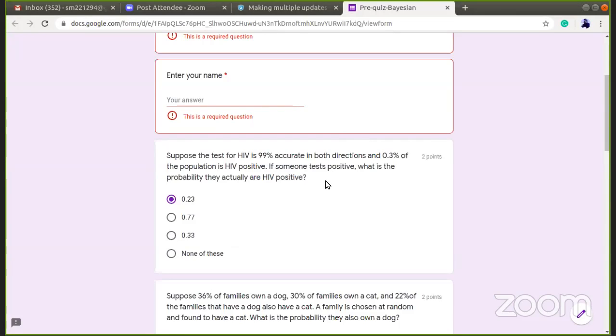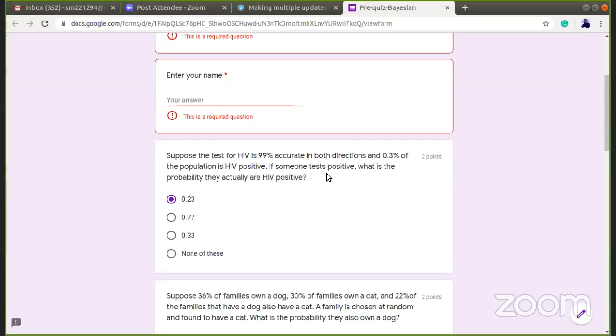Yes, if it says that someone is not HIV positive, again the same 99% accuracy is there. Exactly. So in this case, if the test result has come positive, that means there is a 99% chance he's actually positive because the test has that accuracy, right?